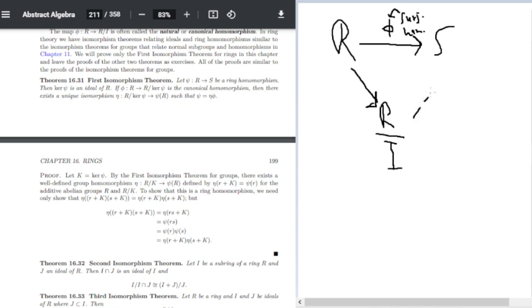There is a unique ring isomorphism eta that completes this triangle, such that if we factor through R over I, and then apply eta, we could call this natural map psi, and this has the property that phi is equal to eta composed with psi.